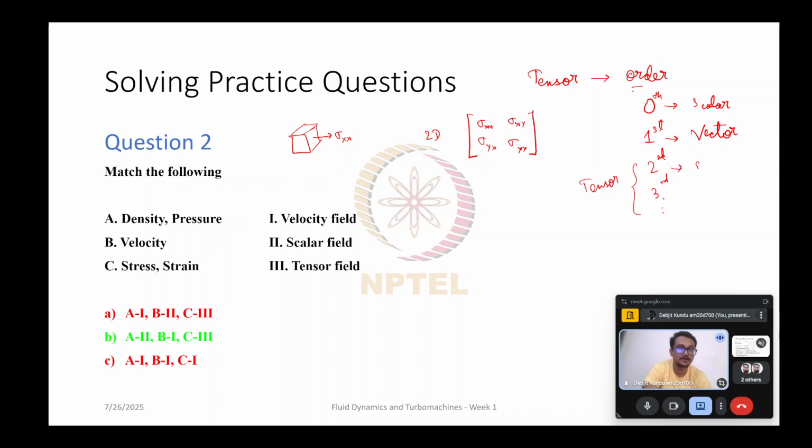Now, order and dimension are two different things. So, as you can see, vectors will need only one row or column of items to properly describe them, right? It could be 2D or 3D. So it could be 2D having two items or 3D having three entries.